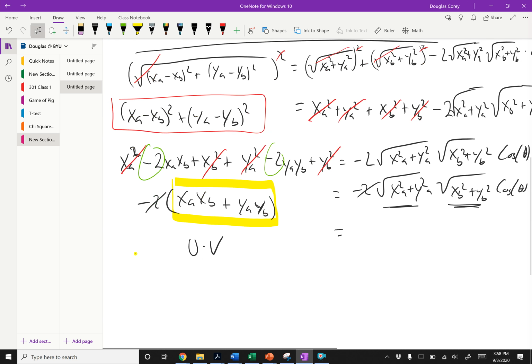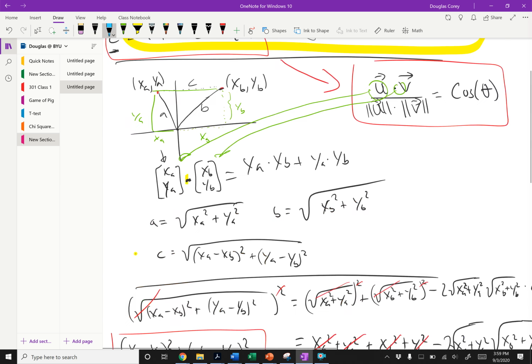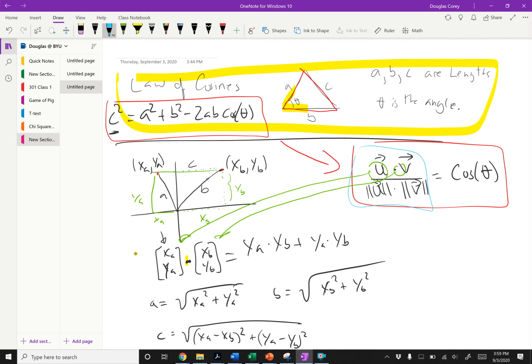So we can rewrite this as the norm of u, this as the norm of v, times cosine of theta. And then you just divide both sides by this, and we're there. So then we just get cosine on the one side and this expression on the other. Okay, there we go.